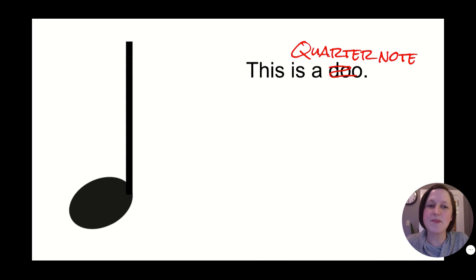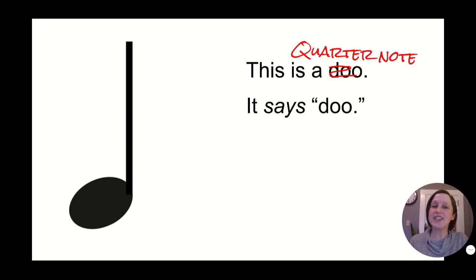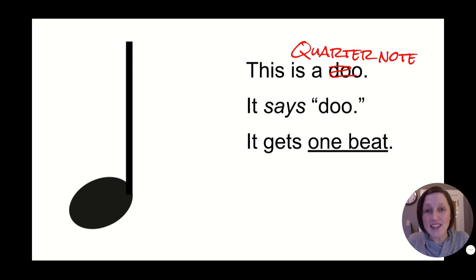Its official name is a quarter note, but its rhythm syllable is do, or maybe its rhythm syllable is ta. It gets one beat. That's how long the sound lasts when we see a quarter note. A quarter note says do, or it could say ta, and it gets one beat.